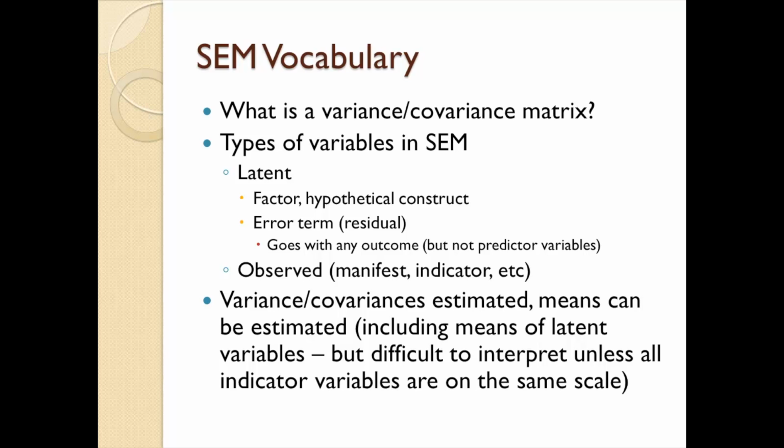So in a model, we have variances of variables that are estimated, and we also have means that can be estimated. I think I might be covering too much in this little bullet point. Let me say this.